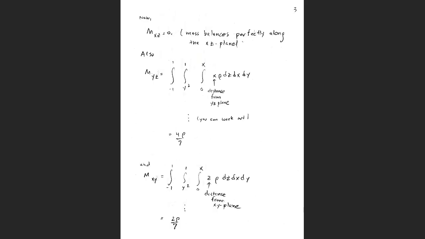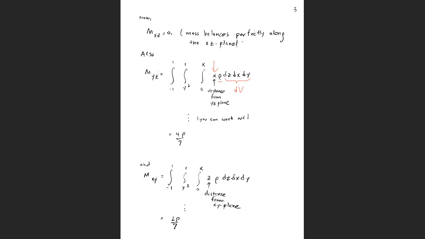So let's go then to the moment about the YZ plane. In front of the density you have your dV here, and you're going to put an x because x is the distance from the YZ plane.